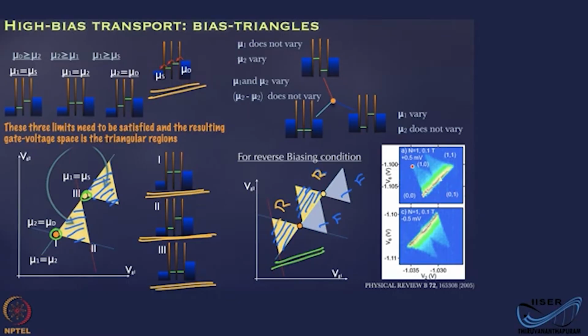You will have a triangle facing upwards for one bias, and if you reverse the bias, you will get this triangle facing downwards. Okay, and this is what you would find when you apply bias through a tunnel coupled double quantum dot system.